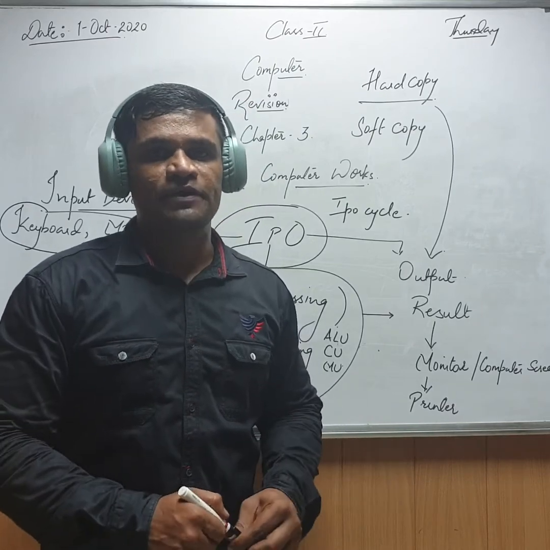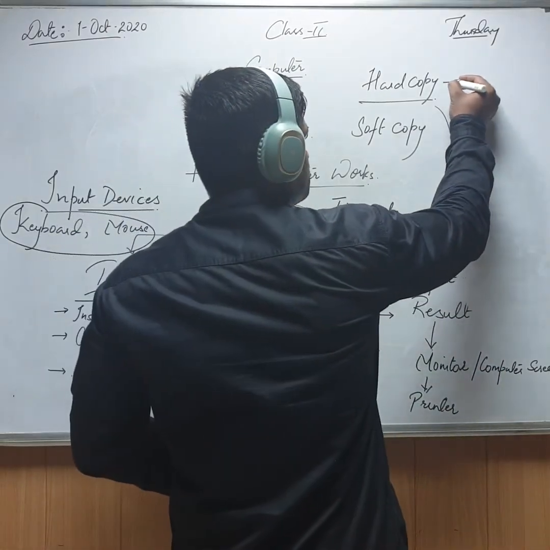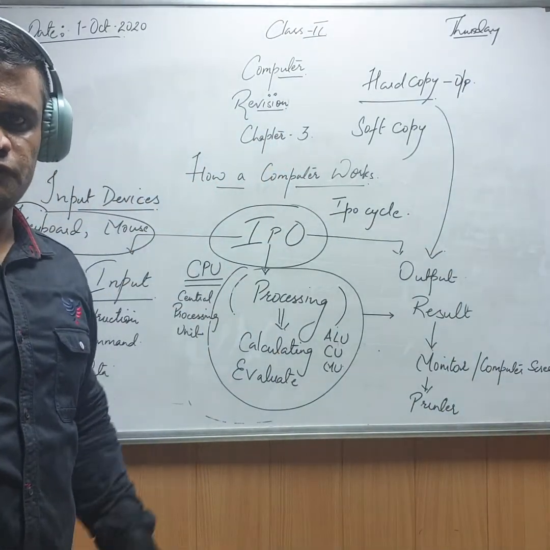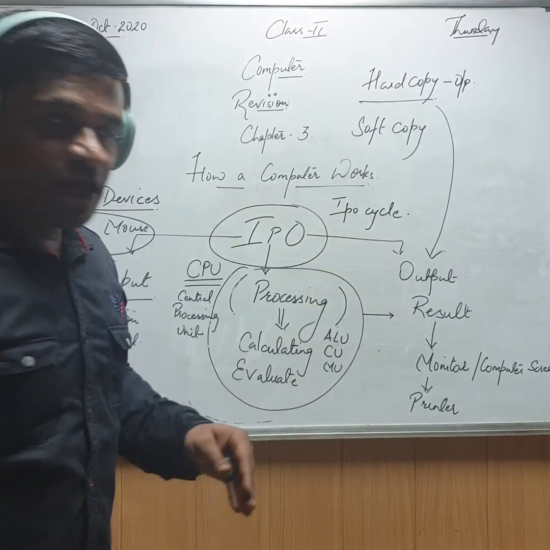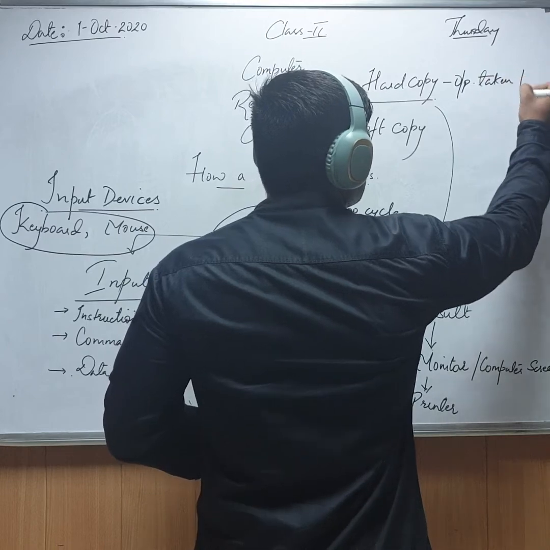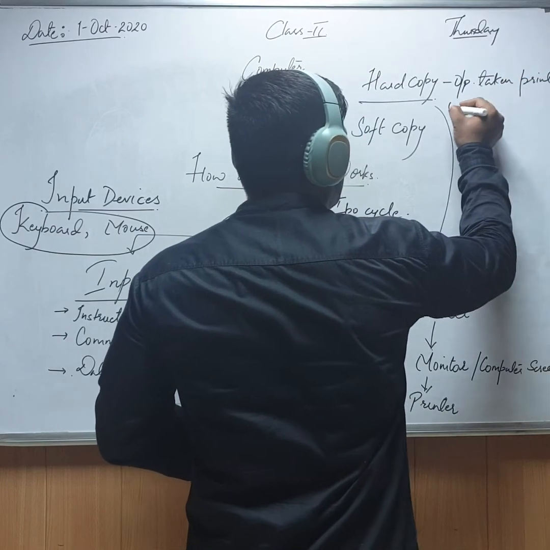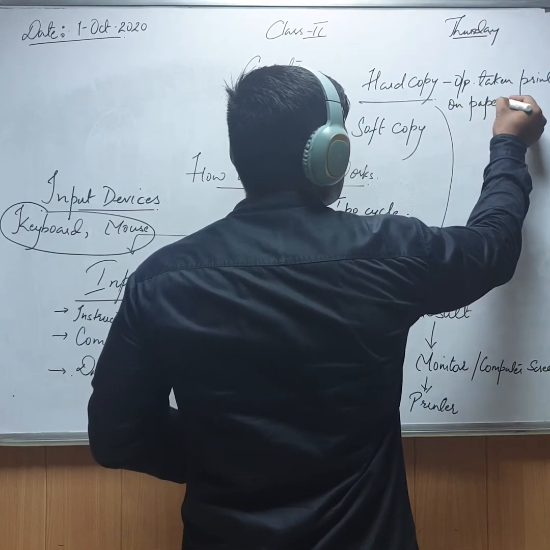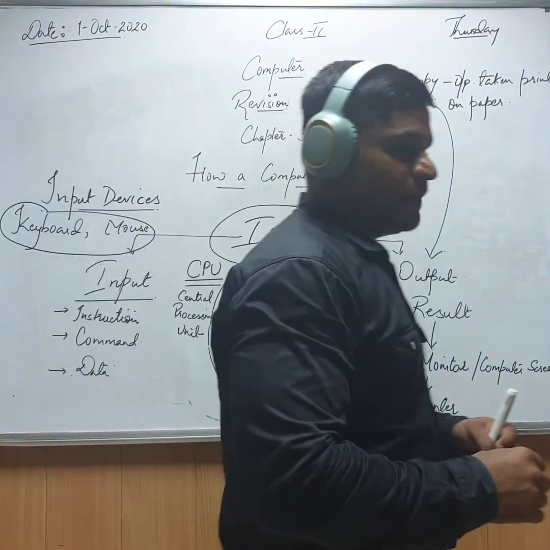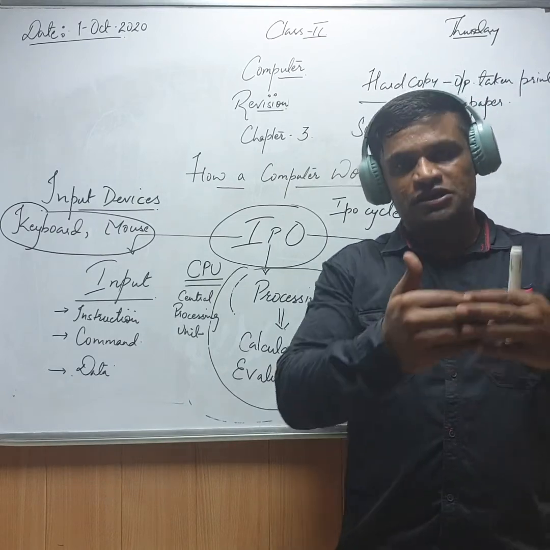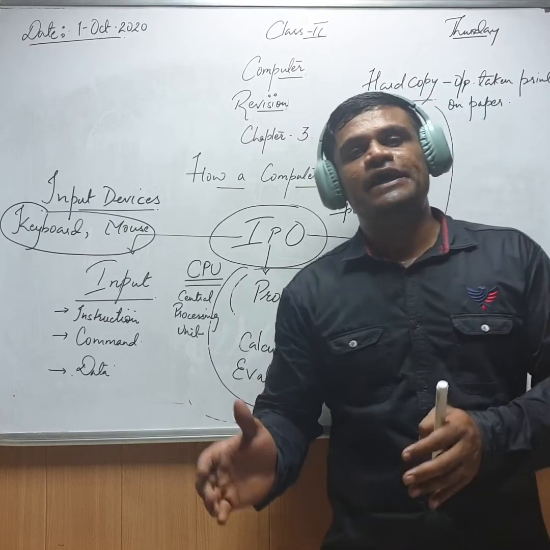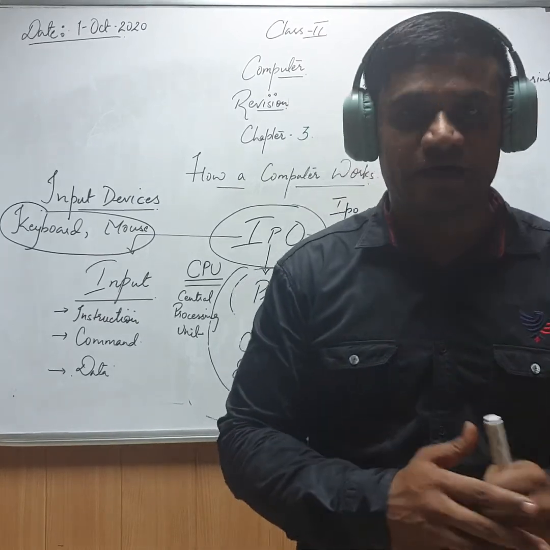Now what does hard copy mean? The output which is generated by the computer after processing, if the output is taken as a print on paper, like you have seen that many of you write down the application or the paragraph or the article in Word, then you take a printout by using the device printer.